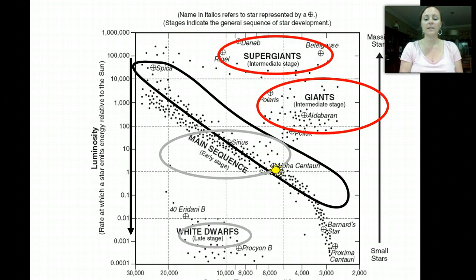Now I want you to look at something else. I want you to look at the temperature. And what you'll notice is this is different from our standard graphs. The 30,000 degrees Kelvin, Kelvin is the unit that we measure degrees of temperature on the sun, and this is on the left side.